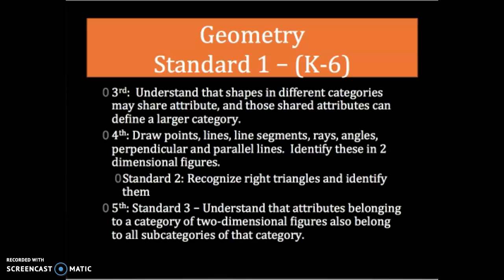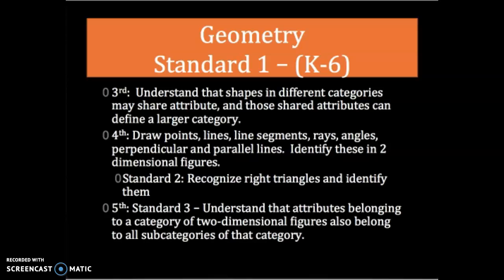In 5th grade, Standard 1 is much different than what they've been doing, however, because it's graphing and points on a plane, but it is solving real world and mathematical problems.